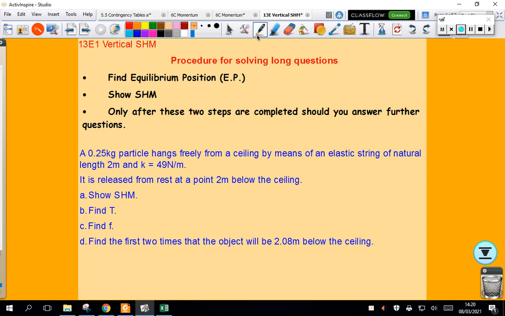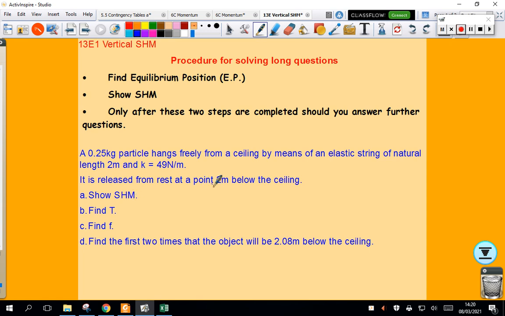It says a 0.25 kilogram particle hangs freely from a ceiling by means of an elastic string of natural length 2 meters and K equals 49 newtons per meter. So my spring constant here is 49 and my natural length is 2. It's released from rest at a point 2 meters below the ceiling. Shows simple harmonic motion.